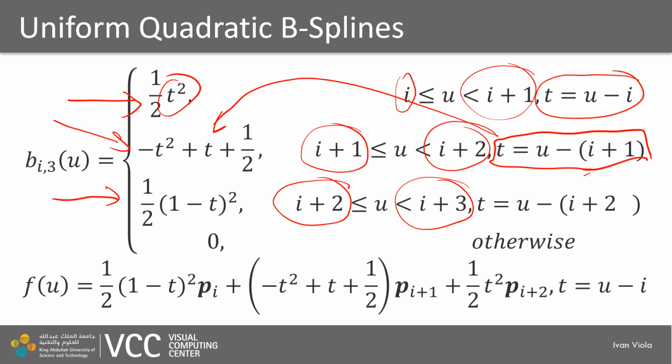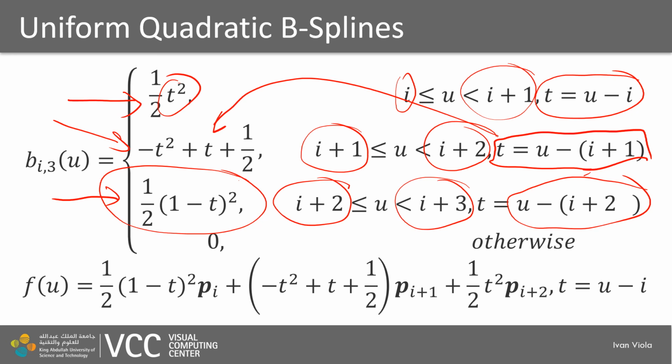And the third quadratic segment will be this part, where the t is again defined through substituting the u, where u minus i plus 2 is defining the t.